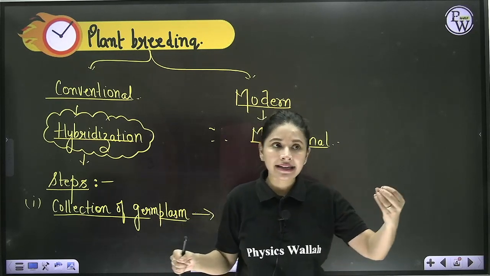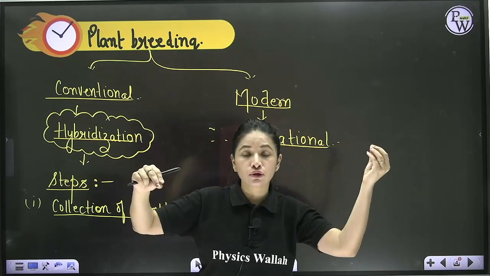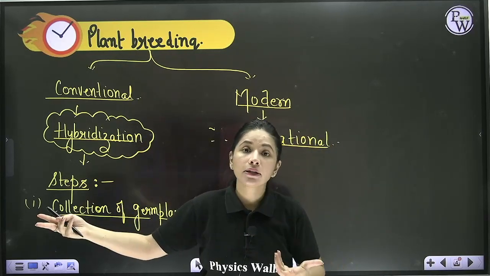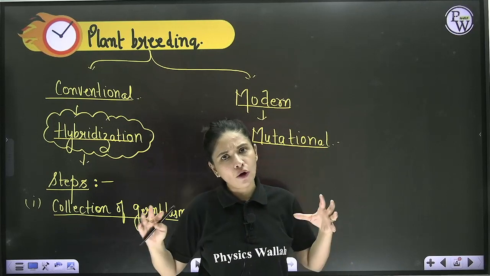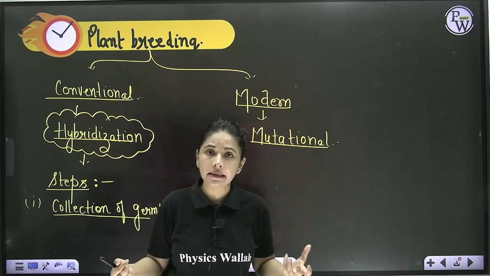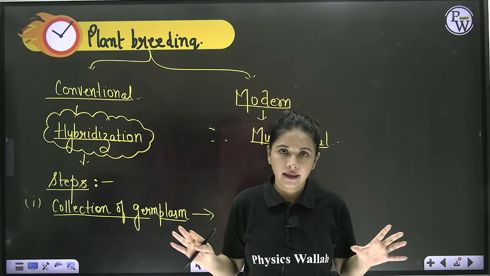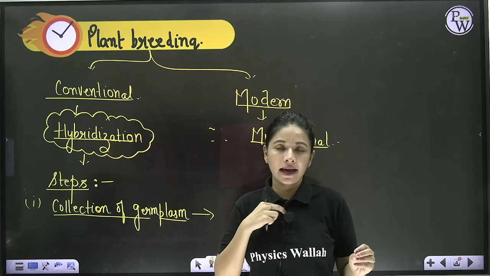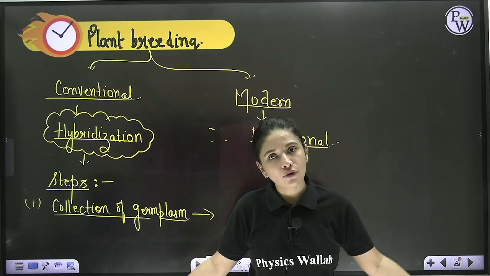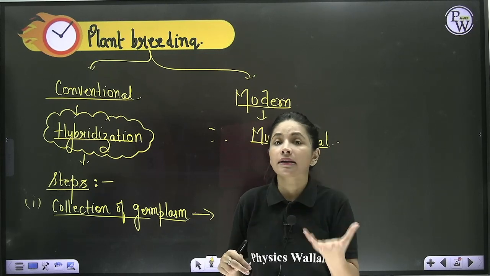Now some varieties having some good quality and the other variety may not have that good quality, but it may have some other unique good qualities. So in short, every naturally existing variety is important in itself and having one or two good qualities incorporated. So our first step towards hybridization is the collection of all such parent varieties and make a germplasm, right?